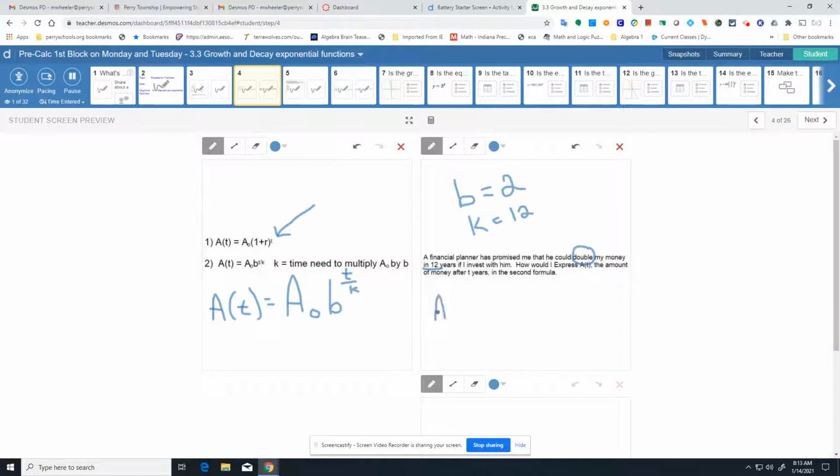So we're going to have variables in this. So the amount after t years is going to be however much money I started with, they don't tell me, times 2 to the t over 12. Let's see if we can make that t look a little bit better. There we go. And that would be your formula.